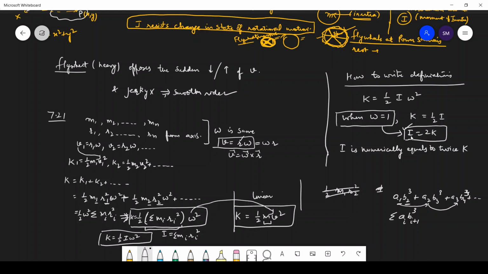See, you are writing it like this, like moment of inertia of a rigid body about an axis of rotation is equals to twice the kinetic energy of the body. When you have to write the condition here.